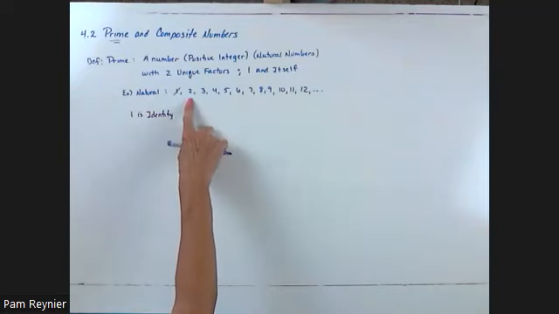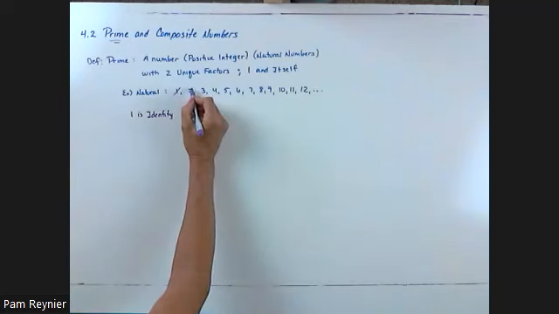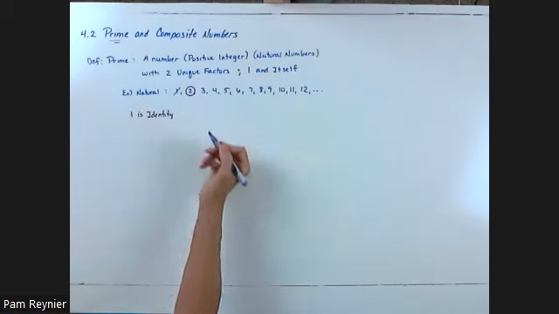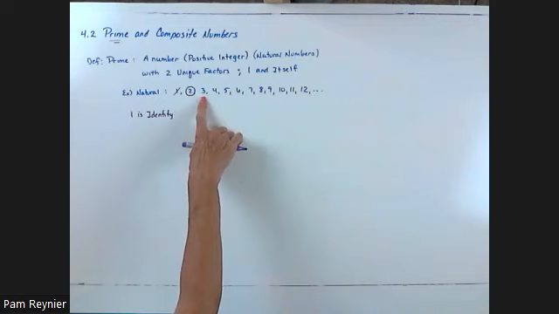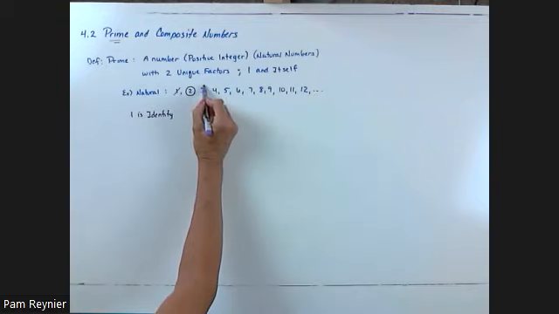Now, if we think of the number 2, what divides 2? Well, the factors of 2 are 1 and 2. Therefore, the only numbers that go into 2 are the numbers 1 and 2. Think of the numbers that go into the number 3. The only thing that divides into the number 3 is 1 times 3, so that's also prime.